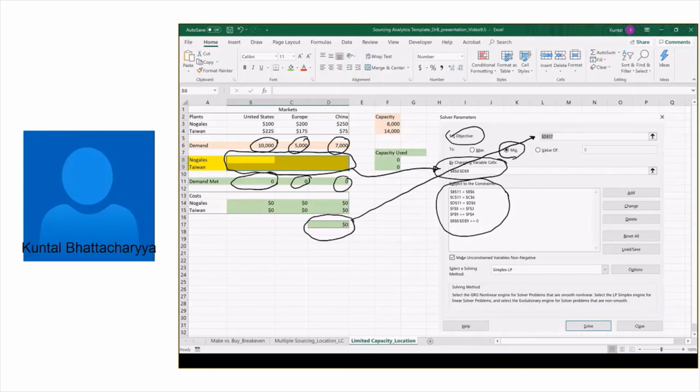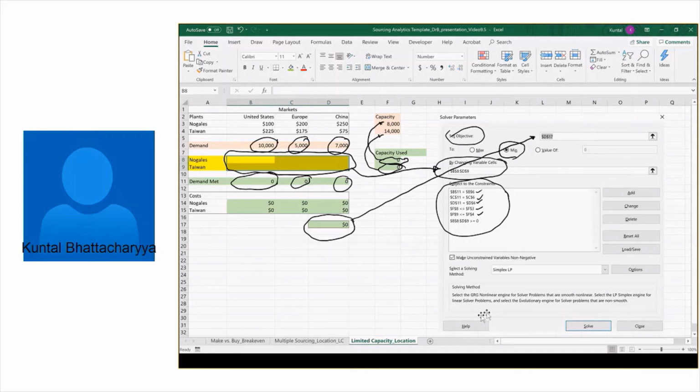And whatever this one adds up to here, whatever capacity I'll use, I'll ensure that this is less than or equal to this guy, as you can see here, and this guy is less than or equal to this guy, as you can see here. So that is how the demand and the supply constraints are taken care of.